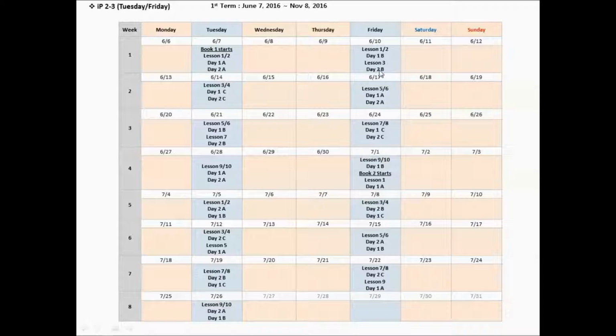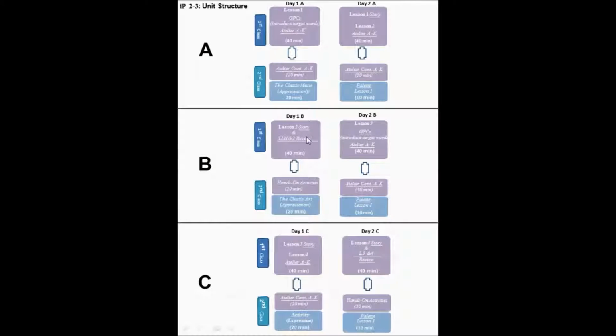But on day 2B, they're going to be studying lesson 3. So the operation plan is going to give you information on what lesson as well as which day to look at on the class structure. Let's compare that. As we discussed, day 1B, they are studying lesson 1 and 2 in the review. And then for day 2B, they would be starting lesson 3.